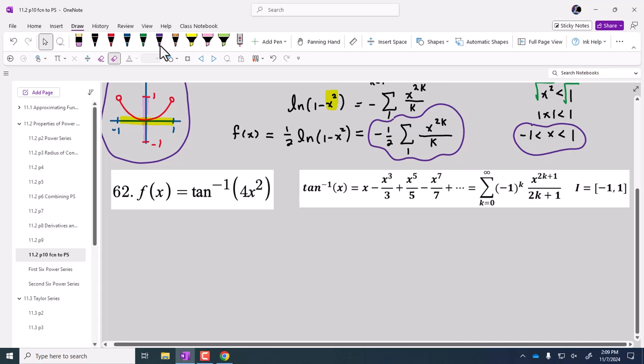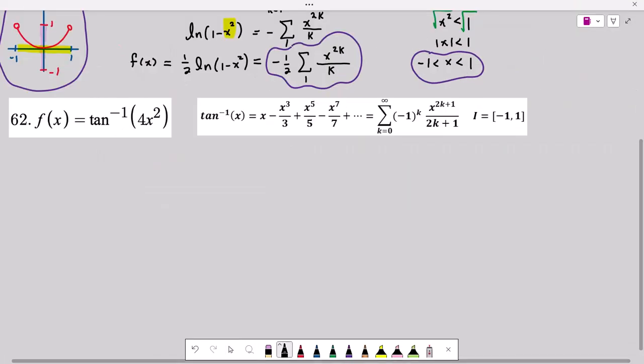So the function on the left here, f, what's the only thing we have to deal with? 4x squared. So this is the only part we have to deal with right there. So all we do is come over to the inverse tangent, and while we're talking about inverse tangent, the 5 series that you need to know for the exam a week from today are right here on the board.